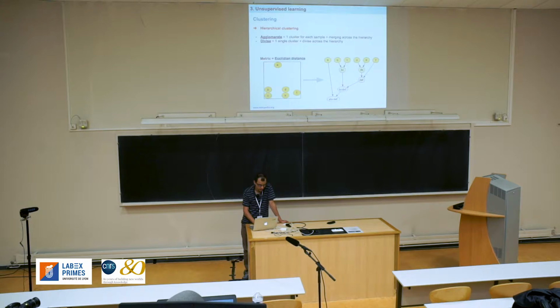So if you start with the agglomerate strategy, each sample is a cluster, so you have A, B, C, D, E, F separated, and then you start merging them at different thresholds of your Euclidean distance. You see that obviously B and C are quickly aggregated, D and E together, so this is the first level in the hierarchy. Then D, E, F are put together, and then up to the whole set of observations.